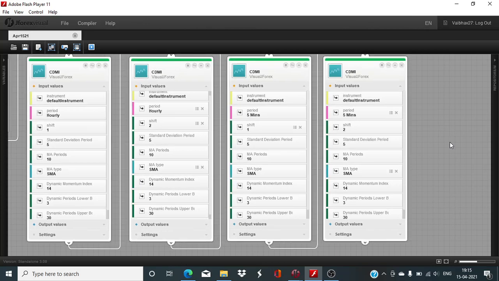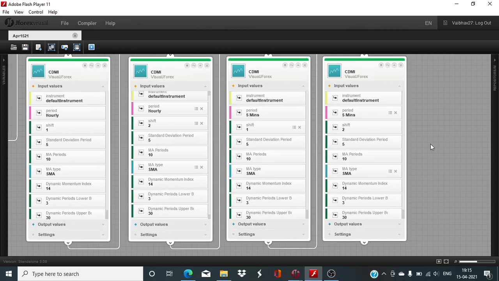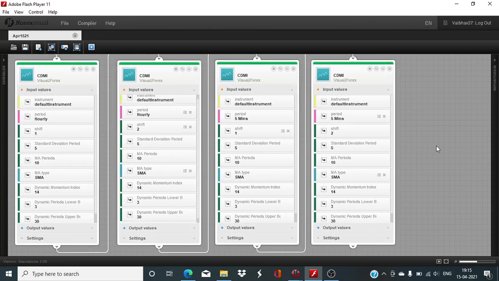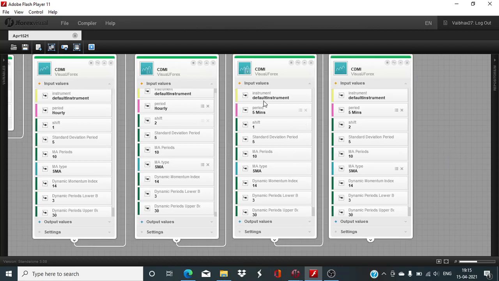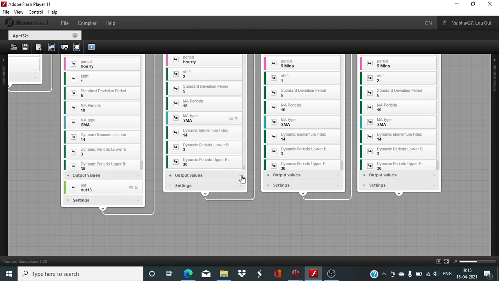So all these 4 CDMI blocks will help us determine the optimum point of entry, and the values which we needed to customize, we have done that as well. Output values, you will find it here.